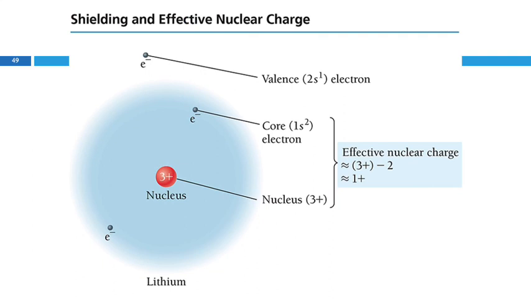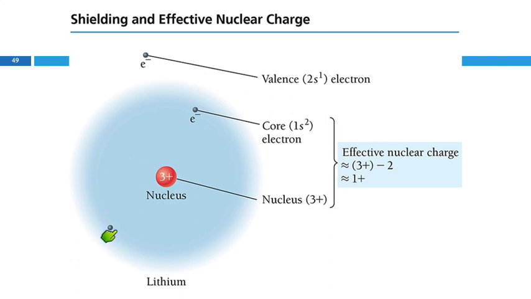So here's that diagram of the lithium atom again. So here's the nucleus with a positive 3 charge. The core electrons, there's 2 of them in this first level, and they're like a standing wave, a cloud around the nucleus. And here's our valence electron in the second level. And so as it looks at the nucleus, it has to look through the haze of these other 2 electrons.